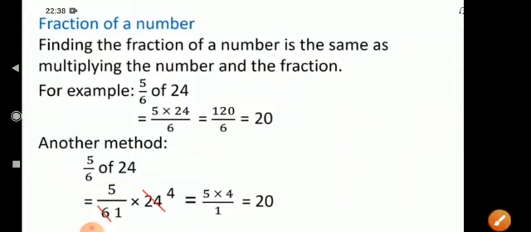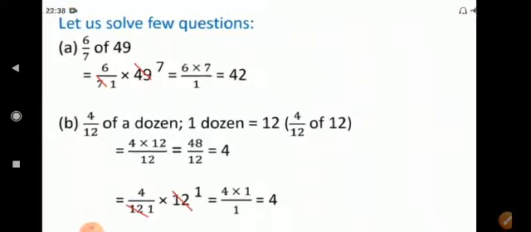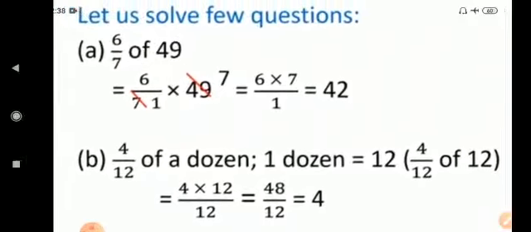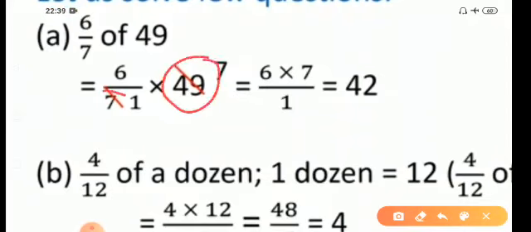Next, let us solve a few questions. 6 upon 7 of 49. So we will write 6 upon 7 multiplied by 49. Now we know that 49 comes in the table of 7.